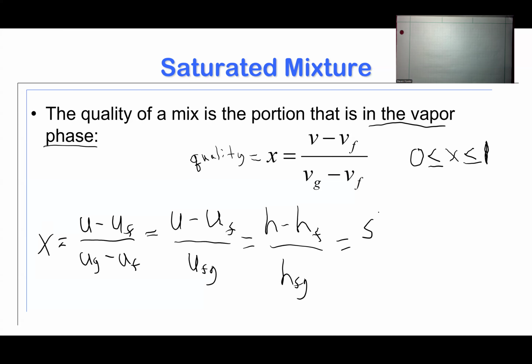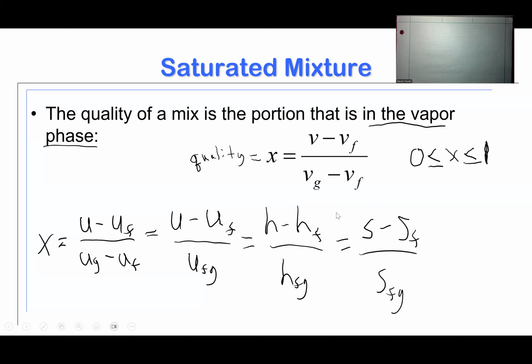Same thing in a second law problem if I need to know the entropy: S minus S_F divided by S_FG. Once I've found X for one of the four properties, I can use that same X to find any of the other three properties. It's the same quality. I've got the same amount in the vapor phase and the same amount in the liquid phase, given a specific set of properties to get me there.